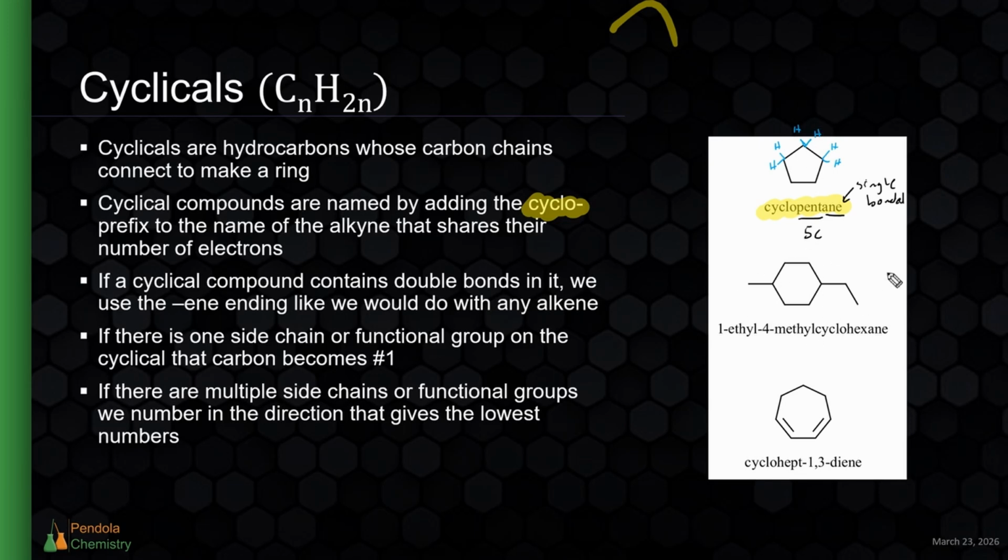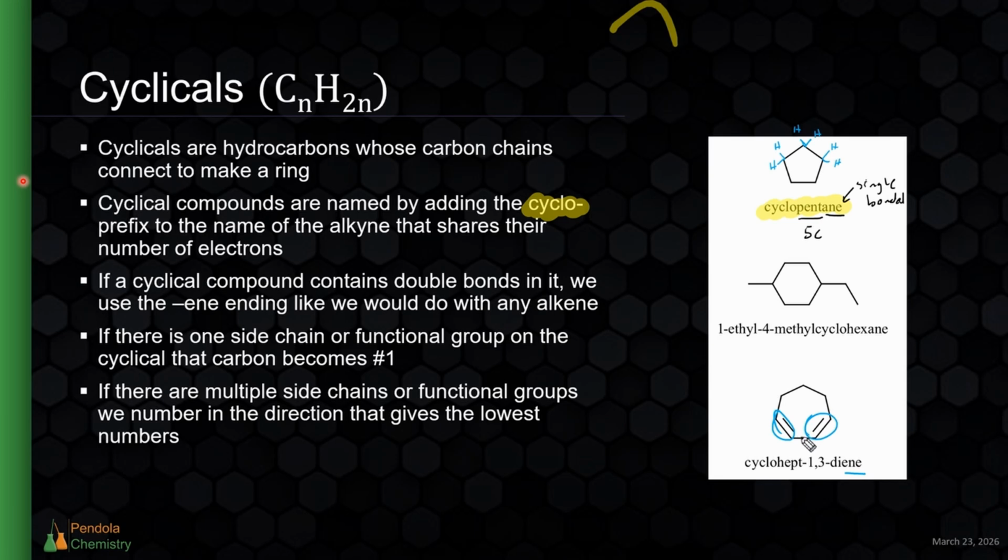If a cyclical compound contains double bonds in it, we use the ene ending like we would with any alkene. So for example, here we have cyclohept-1,3-diene. Instead of calling this cycloheptane, we use the ene ending because we have double bonds in the cyclical. Doesn't make it not a cyclical. You can have something be a cyclical and an alkene.